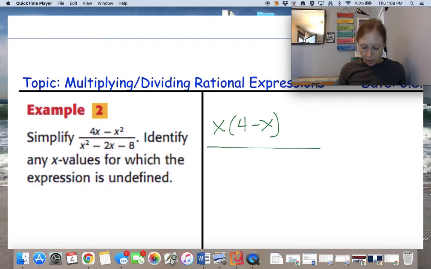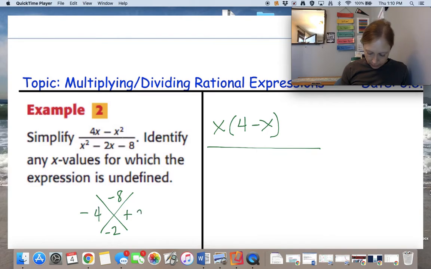Let's go to our denominator and factor that. We say what multiplies to -8 and adds to -2. So it'll be a negative number and a positive number. The negative one will be bigger, -4 plus 2. So x minus 4, x plus 2.